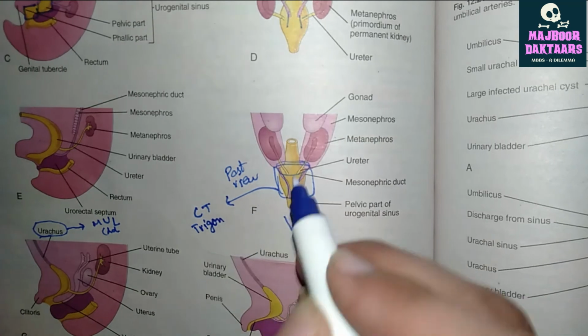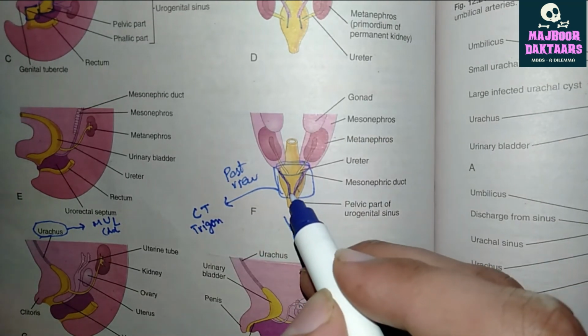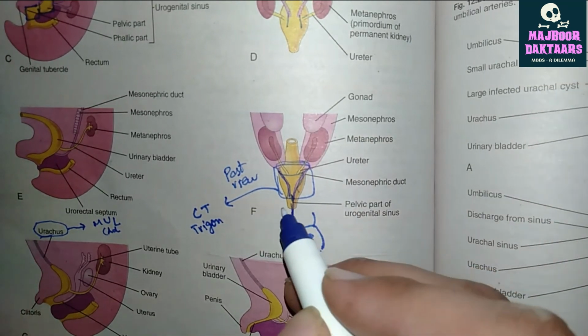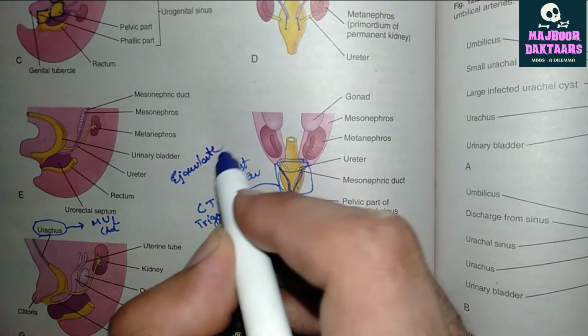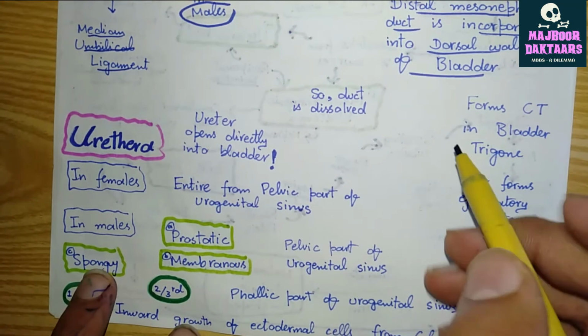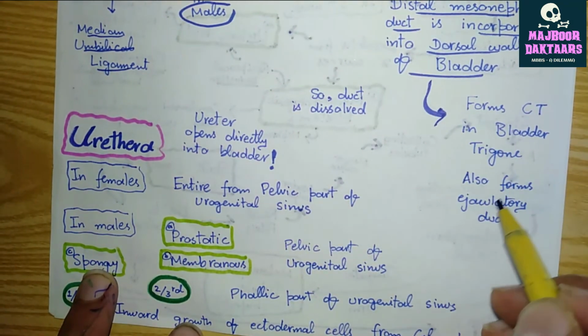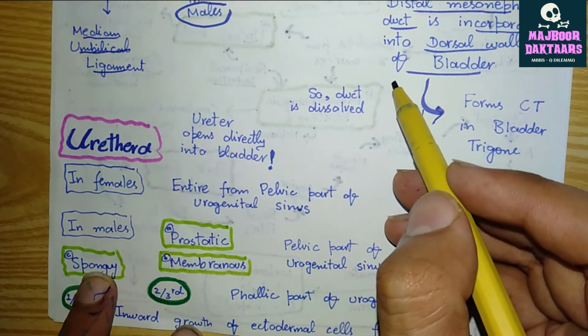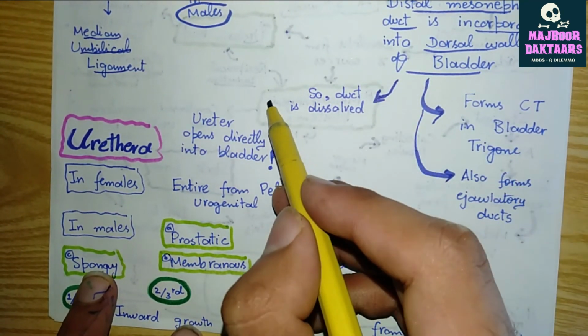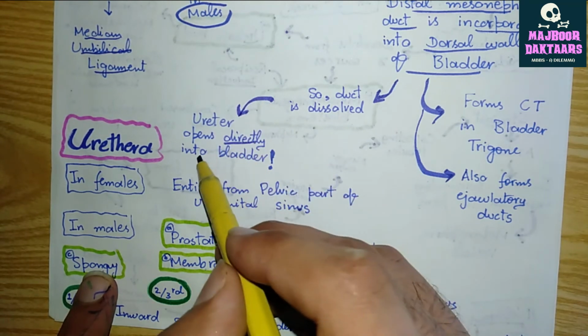Also, both of these ducts join together and open into the urethra as the ejaculatory duct in males. So they form the connective tissue in the bladder trigone and also form the ejaculatory duct in males. So the duct dissolves and the ureter opens directly into the bladder.